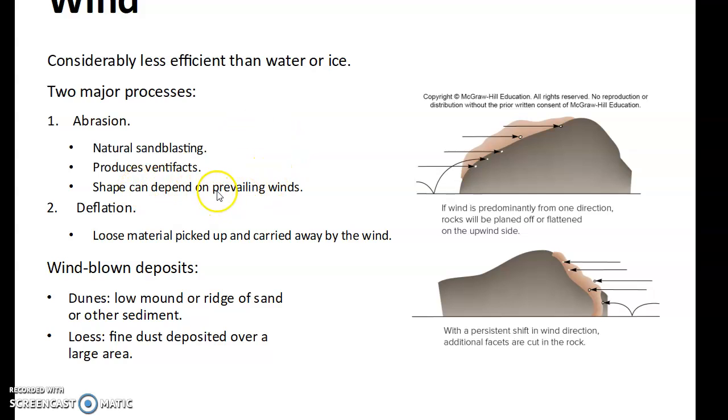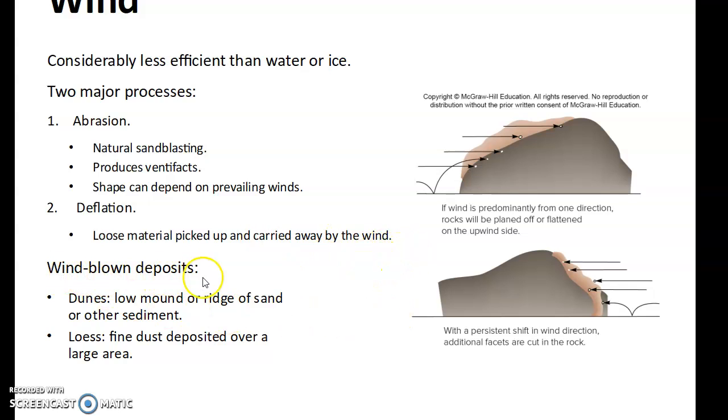And the shape depends upon prevailing winds in terms of how it smooths those things off. If you look at some of the shapes of stones in Monument Valley, a lot of that is because of this wind type of erosion. And the sand essentially sandblasts those particular rocks.